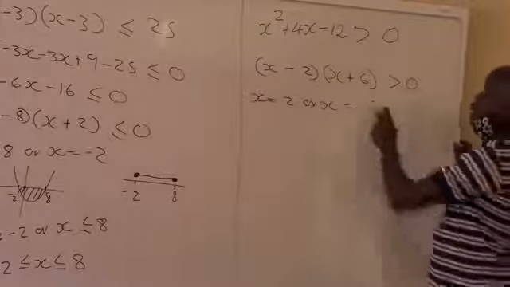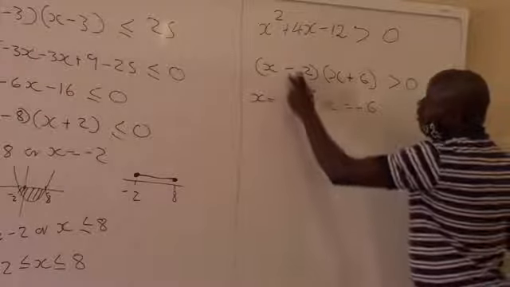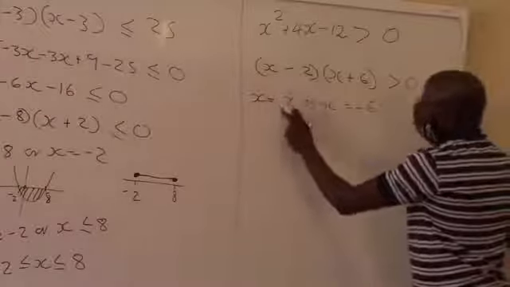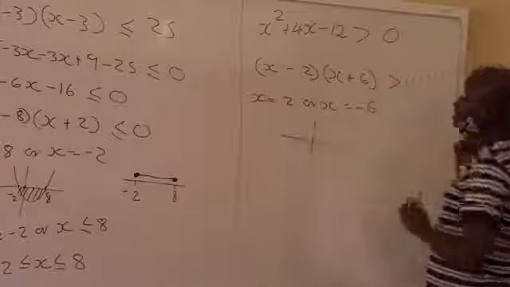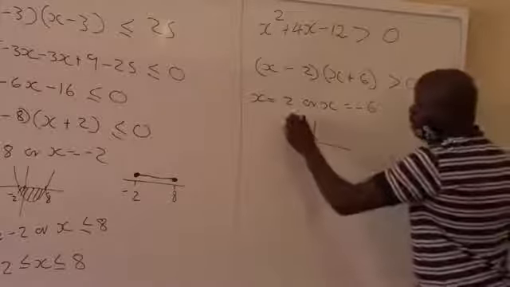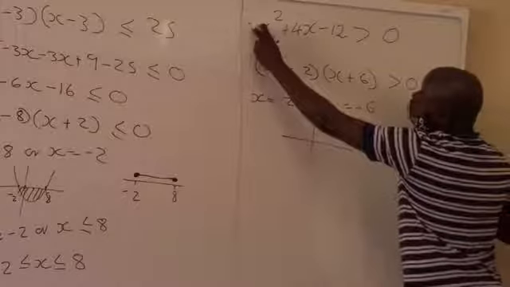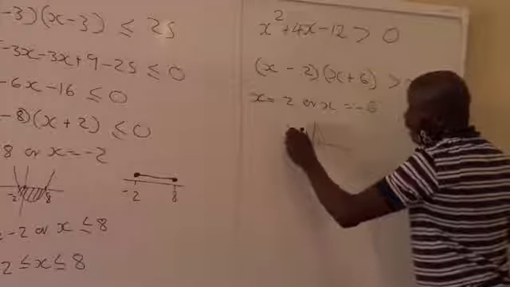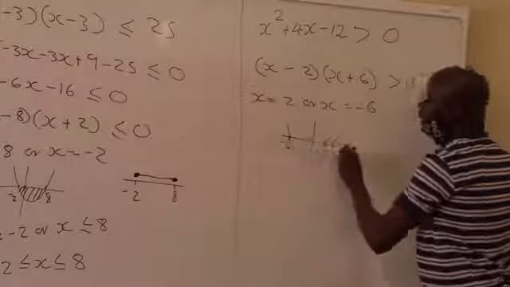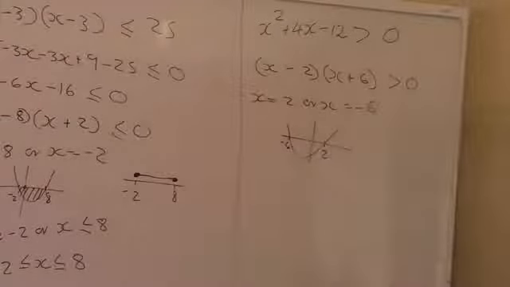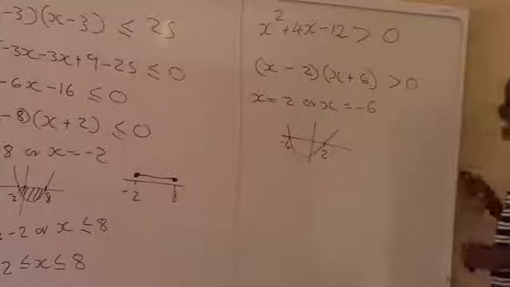Then you remember, like we spoke about that one, like transposing, positive becomes negative. So then in a rough sketch for this one, because of the positive there, it is like that, whereby here is negative 6 and then here is 2. So if it's like that, then they are saying it's greater than.